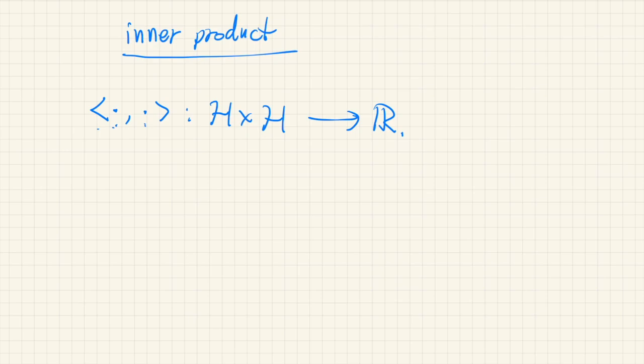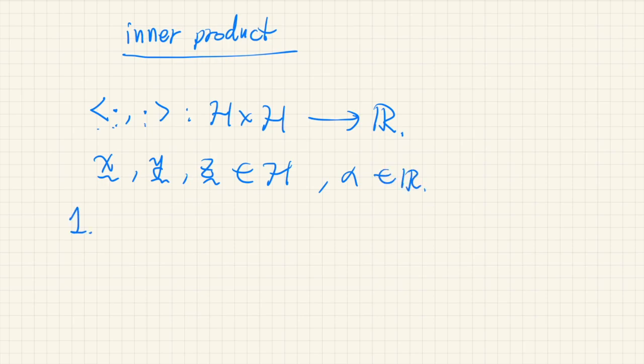Okay, next, a Hilbert space has an inner product. So what is an inner product? An inner product is a bivariate function. Let's write it like this: bracket, dot, dot. So these are arguments of the function, which maps a pair of elements of the Hilbert space to a real number, which satisfies the following conditions. Here we assume x, y, z are elements of the Hilbert space, and alpha is a real number.